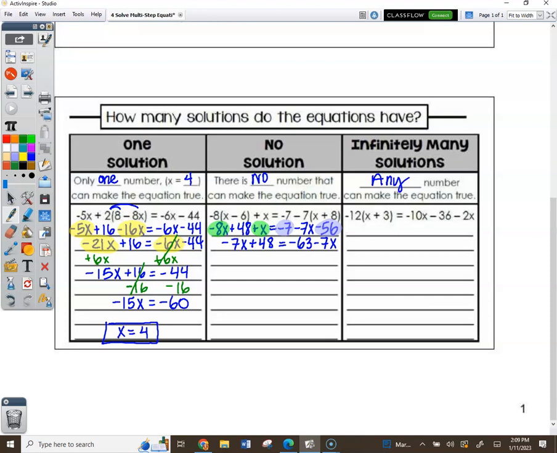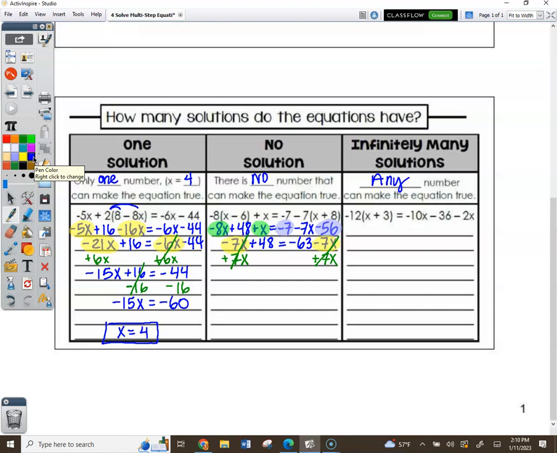Now I'm ready to solve. I've got a like term here and here that I want to get to the same side. So I'm going to add 7x here to get rid of it. Then I'm going to come over here and balance that by doing the same thing. But what happens? They both end up canceling.